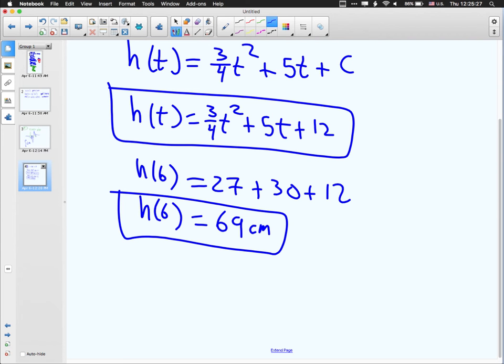Okay, what else? Push-ups. Honestly, at this point, I'm already dead.